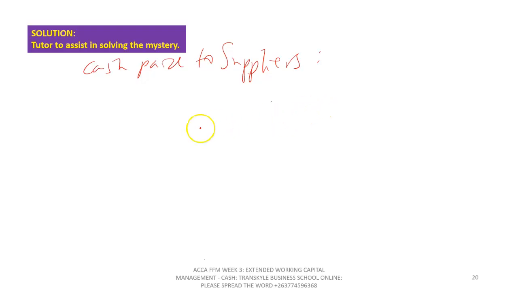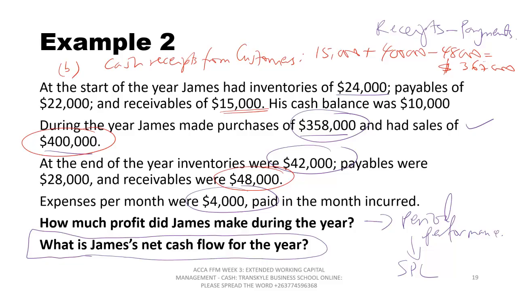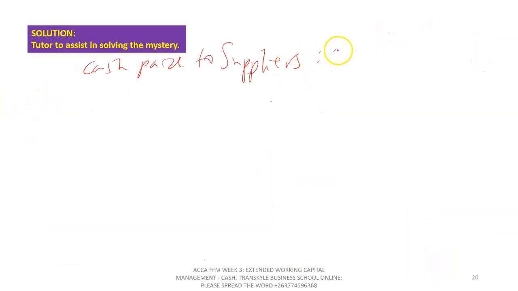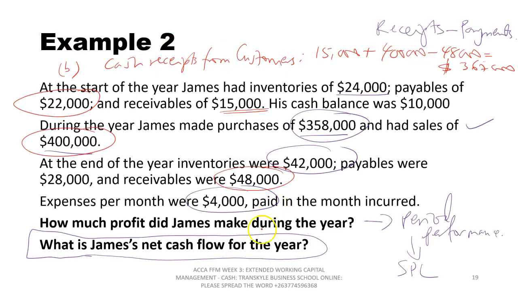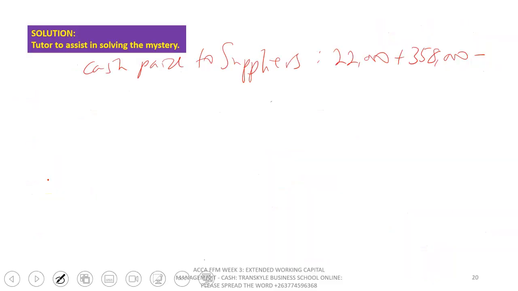All right, so we're going to start with the creditors at the start of the year. Okay, the payables, which were 22,000. So we do the same, 22,000 plus any purchases we made during the year, and we made purchases of $358,000. Then we deduct any outstanding payables at the end of the year. So at the end of the year, we were having payables of 28,000.